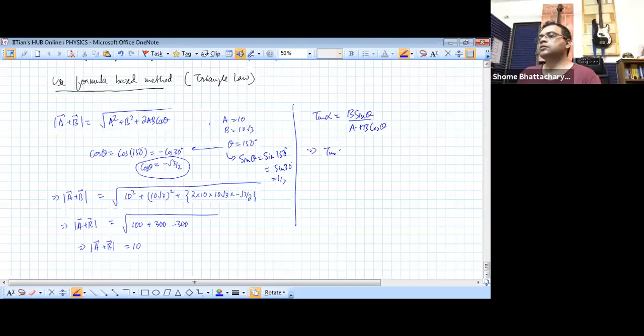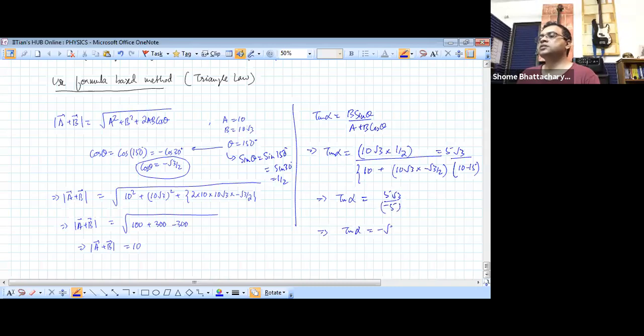So tan alpha here will become 10 root 3 into half, that's your numerator, divided by the denominator will have 10 plus 10 root 3 into minus root 3 by 2. Remember cos theta is this. Okay. So this becomes 5 root 3 divided by 10 minus 15. Okay. So your tan alpha becomes 5 root 3 upon minus 5. Or tan alpha becomes minus root 3.